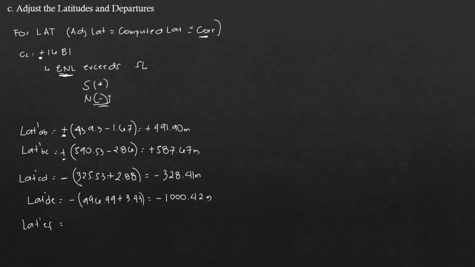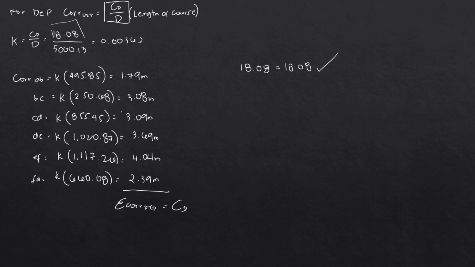Okay, so south, 121.96 plus, kasi south, 3.75. So, paki-compute ilan to? Negative 125.71 meters.